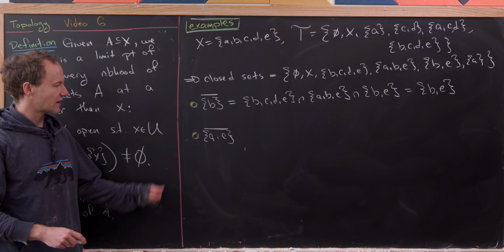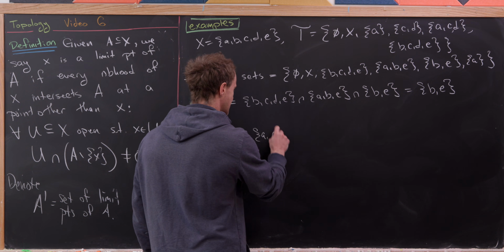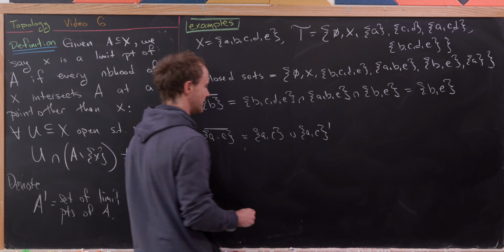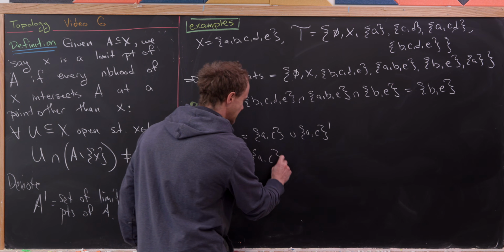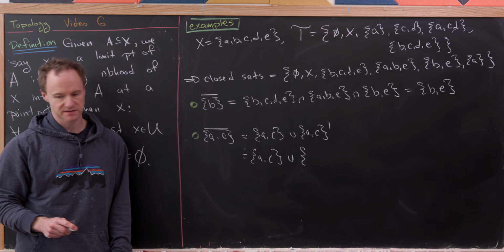And now let's calculate the closure of AC. Notice that that's going to be AC unioned with the limit points of this. So let's write down the limit points.